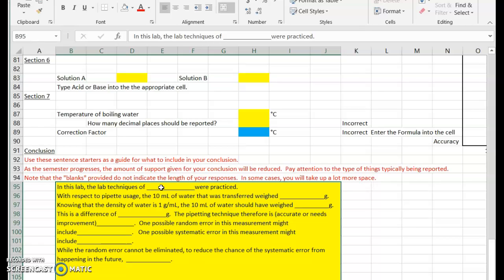You do want to make sure that you record those errors. And then how improvements could be made in the future. So carefully make your observations, enter your data into the Excel sheet, and as always, if you have questions, please ask.